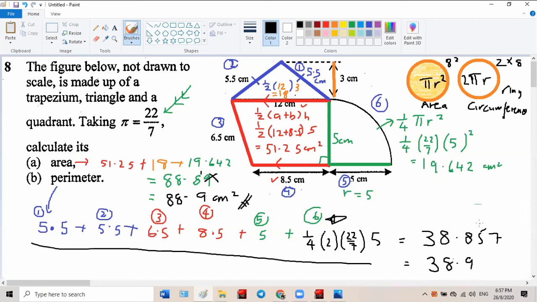Understand? I want up to here because this digit is a 5. Before you throw away, you add 1 here. 38.9 cm. Yeah, that should be the answer. Okay, so we'll move on.